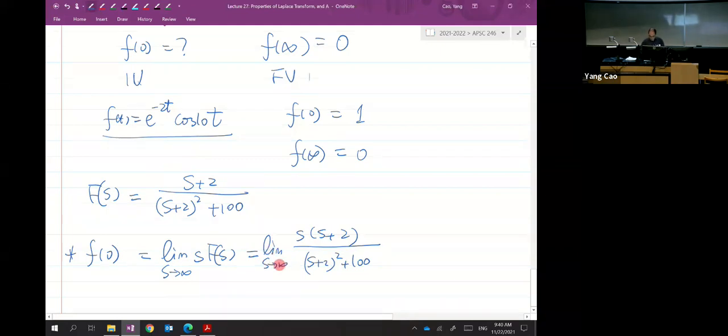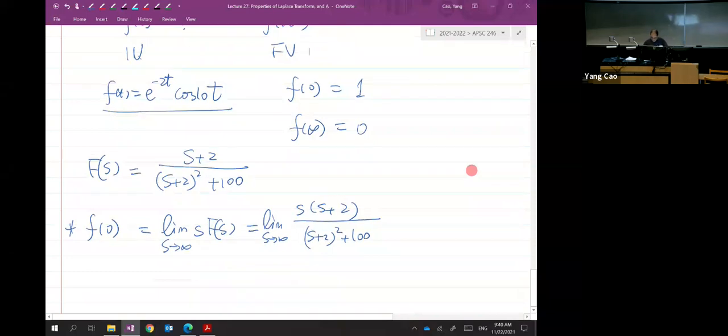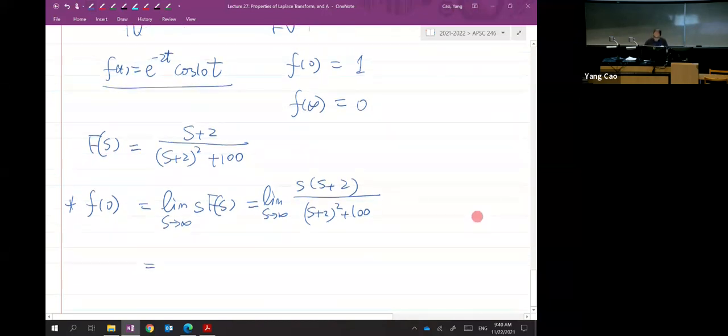Taking the limit is kind of back to your first year; there are different ways of calculating a limit. But in this kind of question, you look at the numerator and the denominator. Both of them are polynomials, the numerator has order 2, and the denominator also has order 2. So because s goes to infinity, you might want to divide by s squared for both the numerator and the denominator. Then you end up with the limit as s goes to infinity.